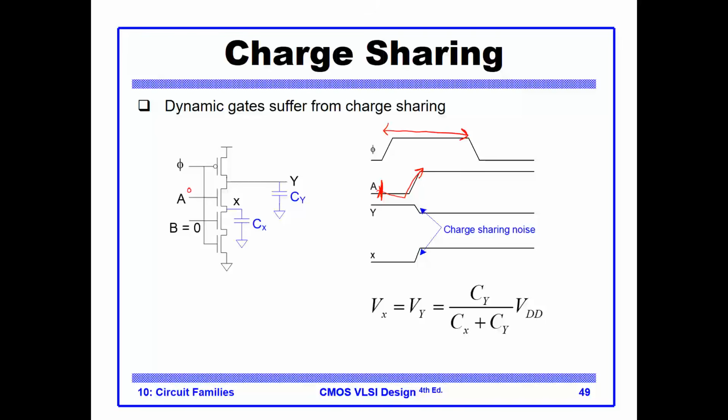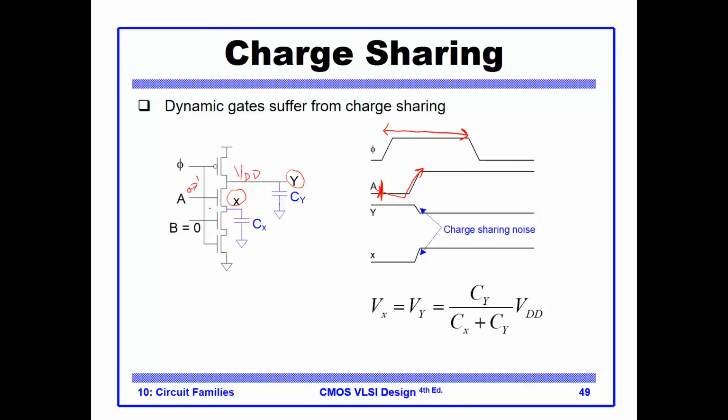That's not a problem. That's legal transitioning. So A transitions to 1, and in this case, B is still 0. So we are supposed to keep this VDD as VDD. Unfortunately, because we have capacitance at this node and capacitance at this node, we will have a phenomenon known as charge sharing.